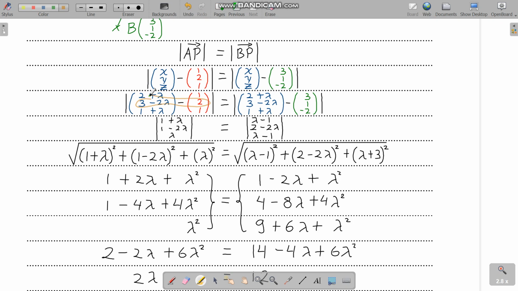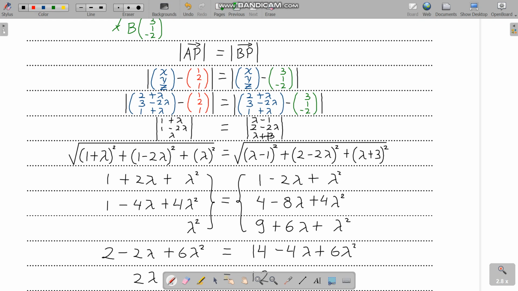And minus 2, so 1 minus 2 lambda. 1 minus 1 is 0, so just lambda. Same thing here, we simplify 2 plus lambda minus 3, so that's lambda minus 1. This is minus 2 lambda plus 2, and this is 1 plus 2, so 3 plus 3 lambda.